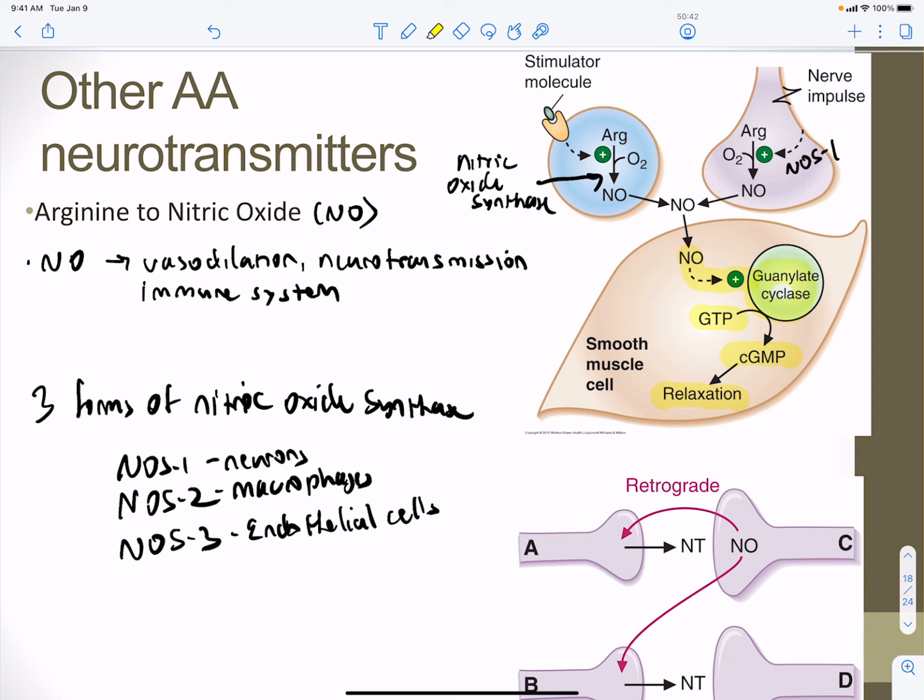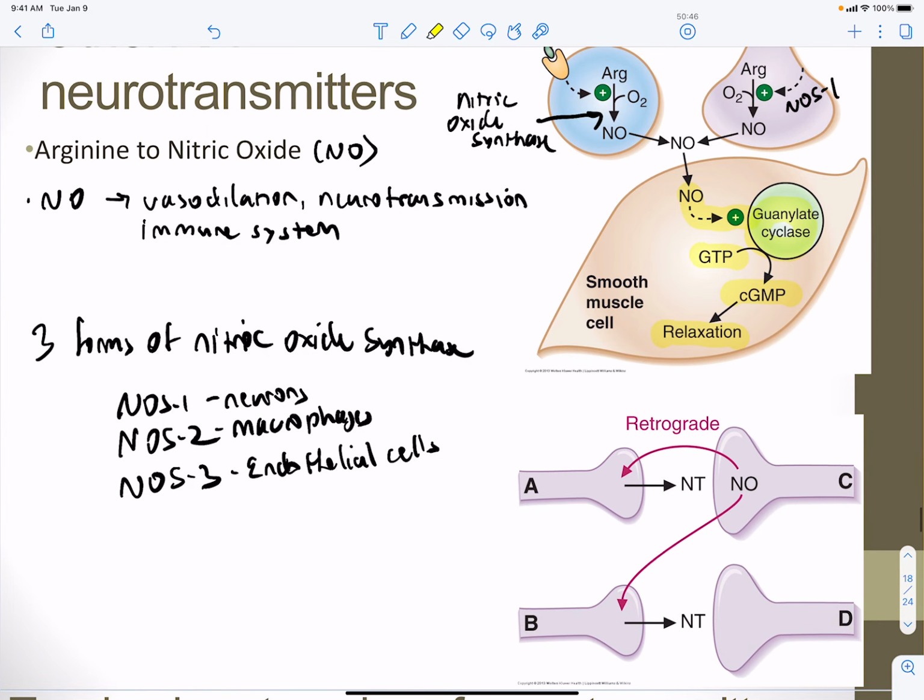Nitric oxide can also cross membranes, so it can affect neighboring cells. So here's nitric oxide going across membranes and affecting neighboring cells. It is also referred to as a retrograde messenger, which can influence neurotransmitters released from the presynaptic terminals.